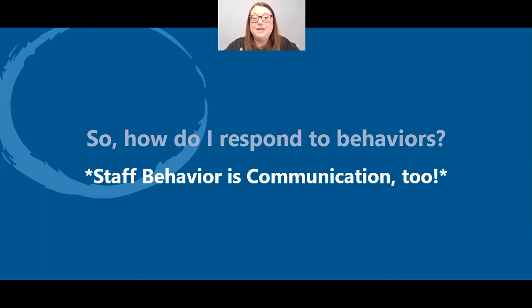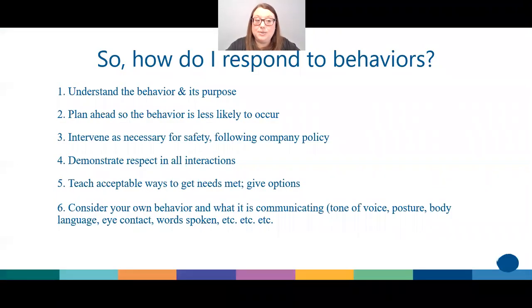So again, I'm not blaming staff for seeing these problem behaviors in your residents, but I do encourage you to take a good look at yourself, do some self-reflection, and think about what in my behavior or what in my communication could maybe prevent some of these behaviors. It comes back to the relationship that you have with your residents quite a bit of the time.